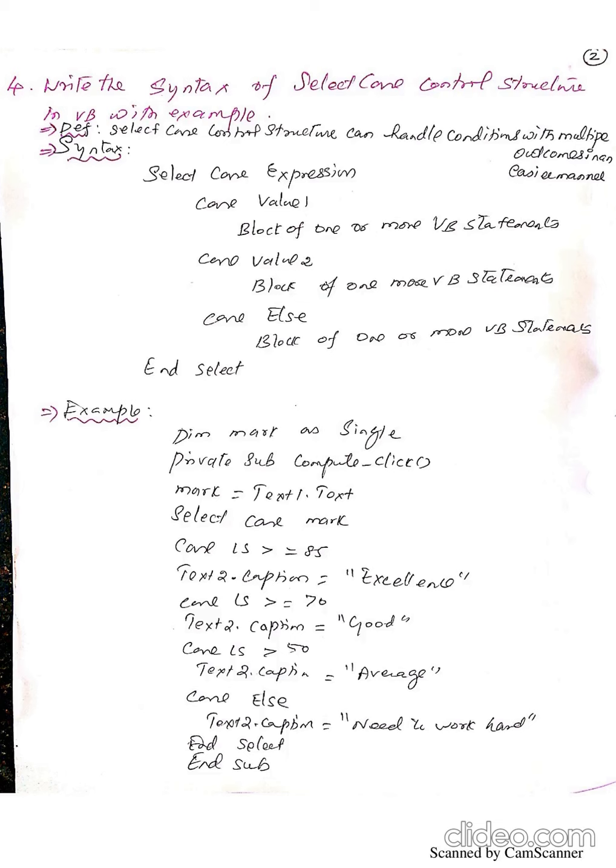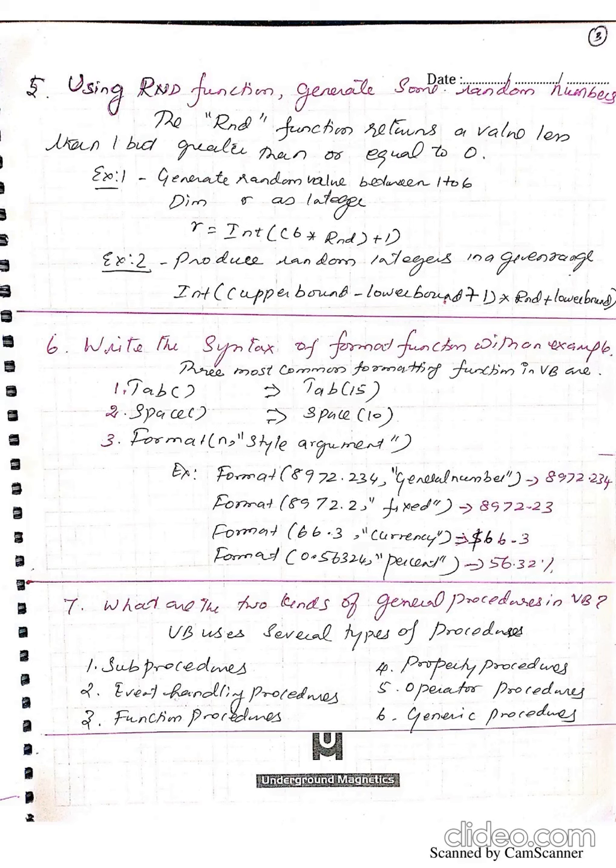To generate a random value between 1 and 6: Dim r as integer, r equal to Int(6 * Rnd + 1). Example 2: produce random integers in a given range, Int((upper bound minus lower bound plus 1) * Rnd + lower bound).